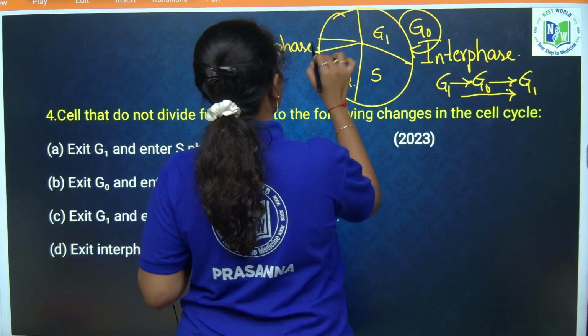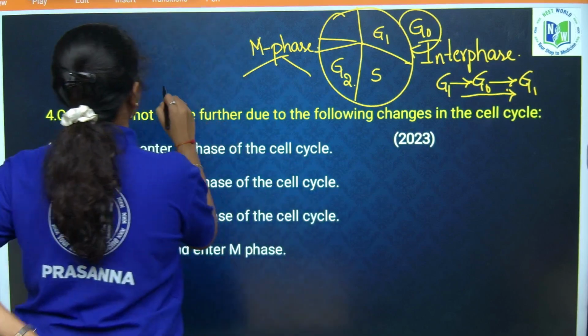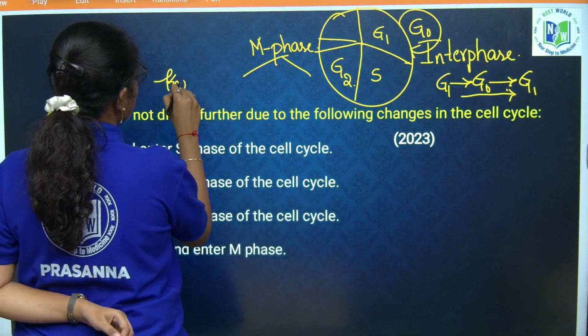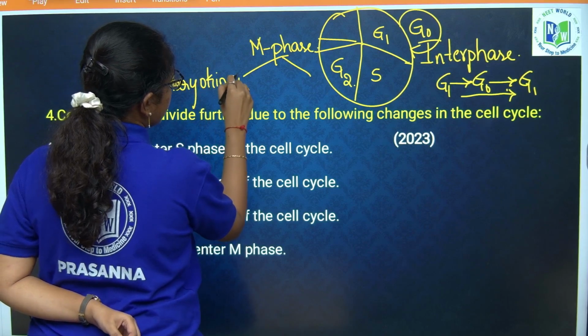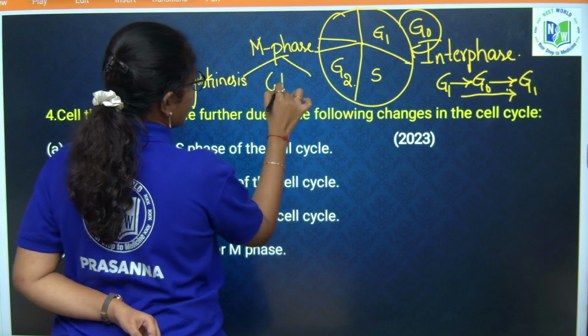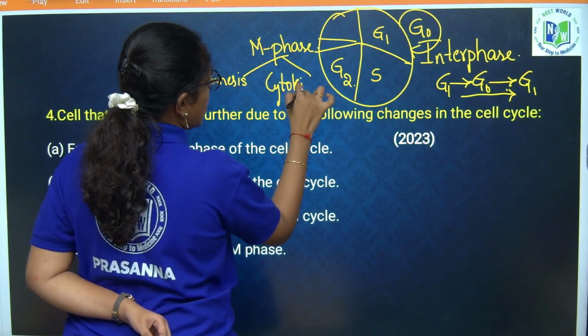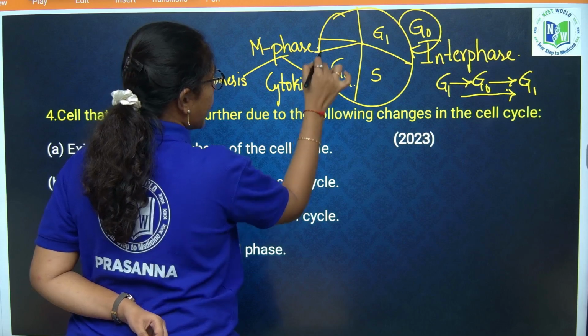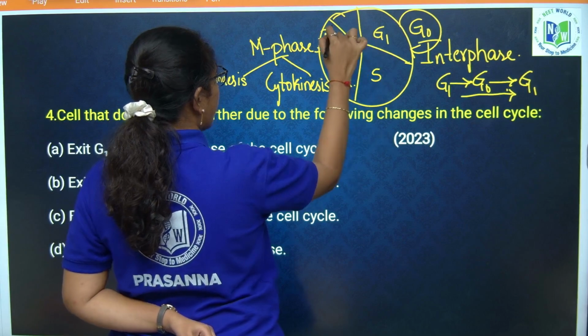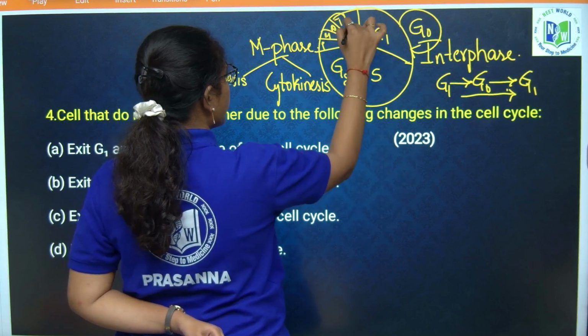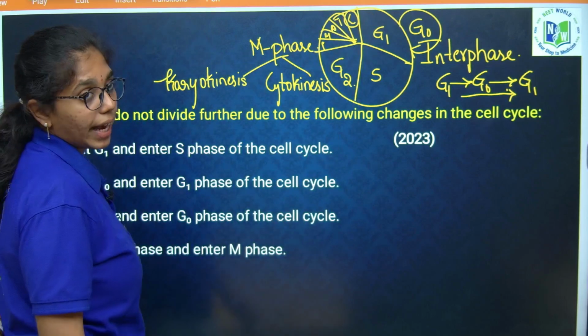M phase has two substages: one is karyokinesis and the other is cytokinesis. Karyokinesis has substages prophase, metaphase, anaphase and telophase, followed by cytokinesis.